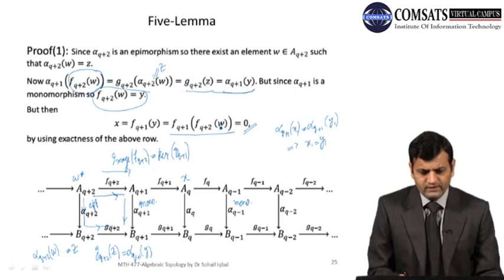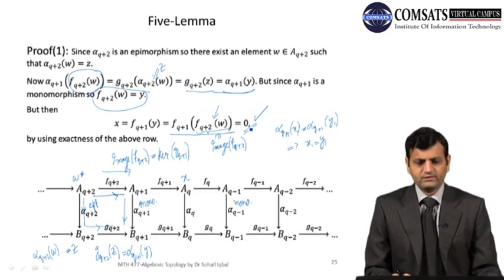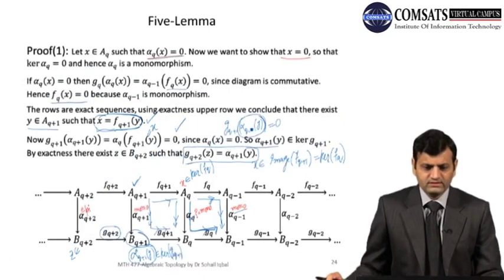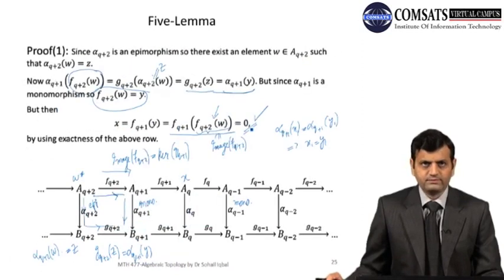So if we have this element which is of course f_{q+2} of w, which belongs to the image of f_{q+2}, it must belong to the kernel of f_{q+1}. So it means that f_{q+1} must take this element to 0, so it means this element x is 0. So that's what we wanted to show, that if alpha_q of x is 0, then x is 0, which means that this alpha_q is a monomorphism.